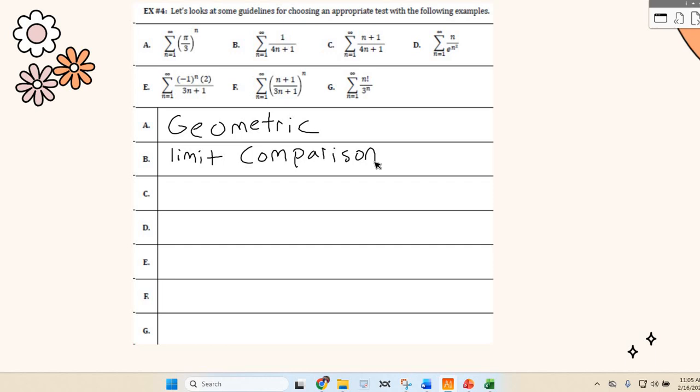Okay, what about C? Why do we want to use the limit comparison? Is that not going to equal 0? I don't think we need to, because if I divide them, you would end up being able to use L'Hopital's.